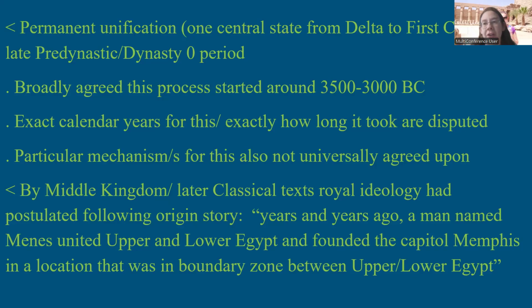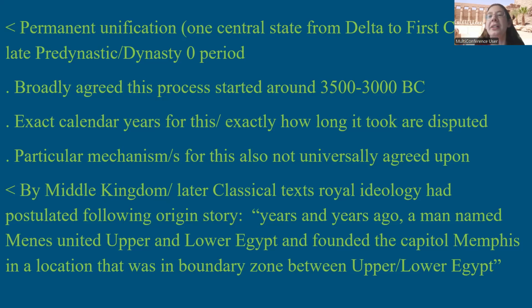He also supposedly founded the capital of Memphis, where he did because it was in a good boundary zone between Upper and Lower Egypt in terms of communications getting quickly to him from either end.